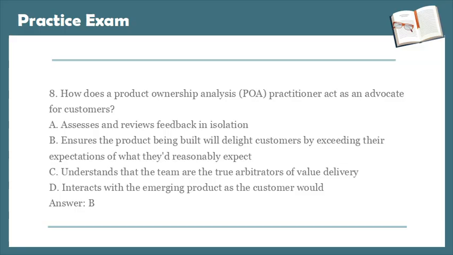How does a Product Ownership Analysis, POA, practitioner act as an advocate for customers? A. Assesses and reviews feedback in isolation. B. Ensures the product being built will delight customers by exceeding their expectations of what they'd reasonably expect. C. Understands that the team are the true arbitrators of value delivery. D. Interacts with the emerging product as the customer would. Answer: B.